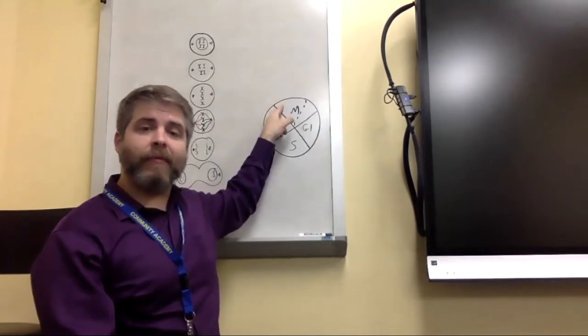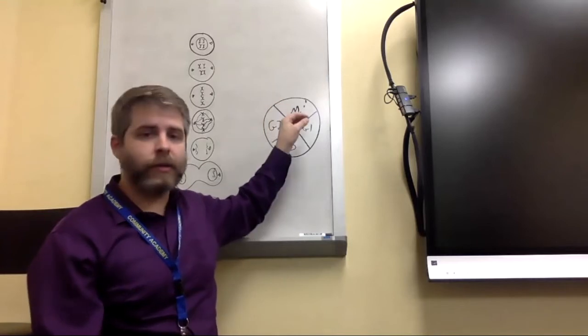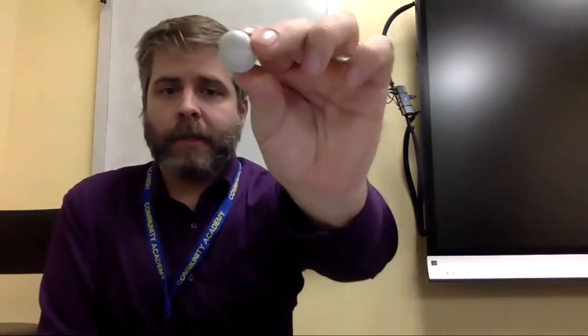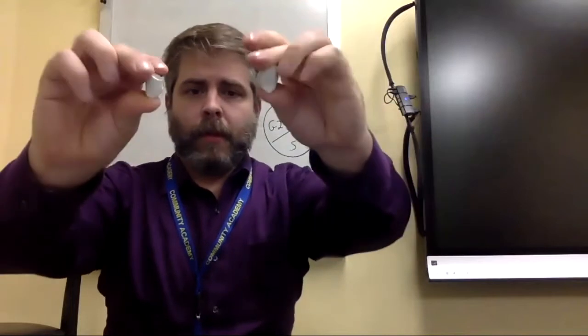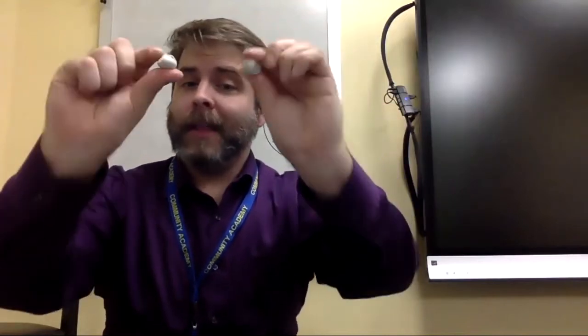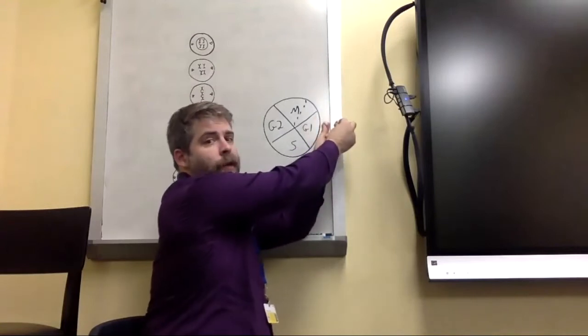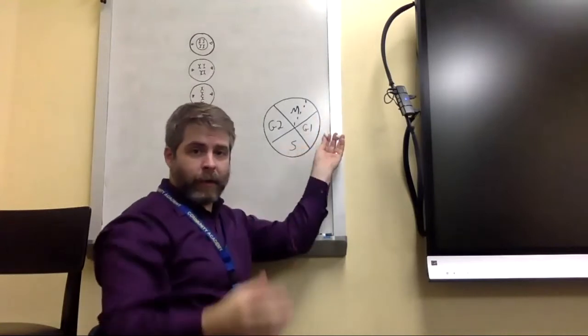reproduction. We call it M phase, mitosis, meiosis, whatever, where one cell, this piece of clay here will represent the cell, will split into two cells. And then those two baby cells that were just made are going to start all over again. They're going to go through their growth phase and get a little bit bigger.